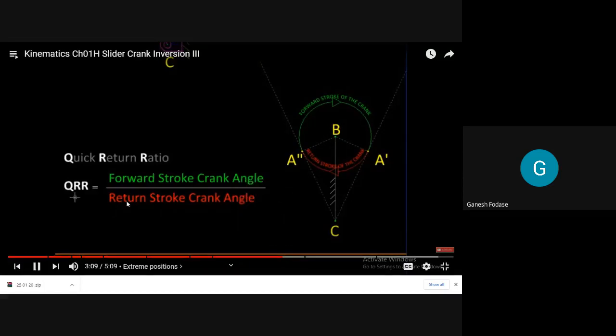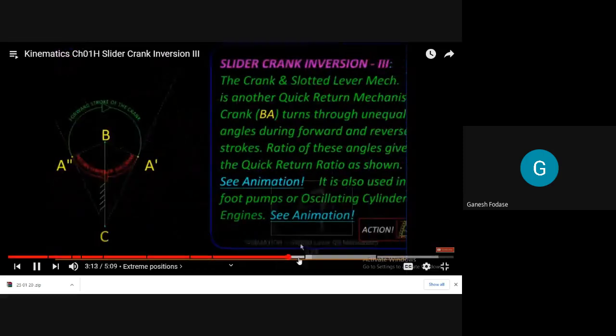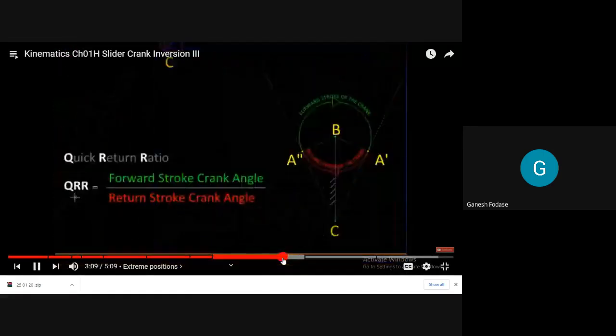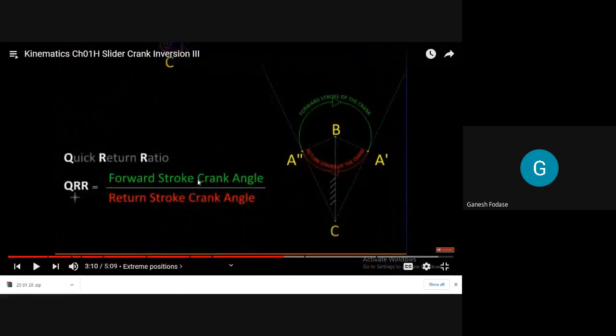And you know how to find the quick return ratio? It is the forward stroke angle upon the return stroke angle. So to find the quick return ratio, I must know the forward angle and return angle, and how to find those angles based on the geometry.